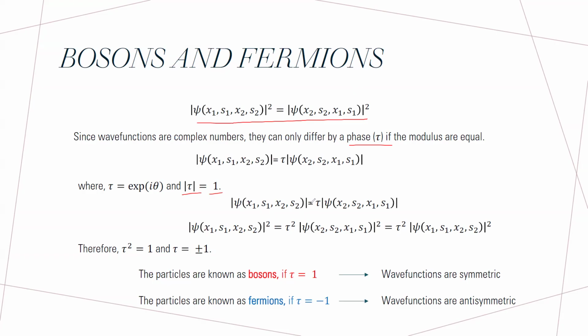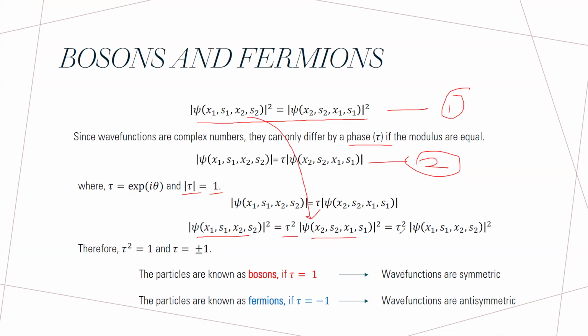And then, since we have this expression, I label this as 2 and this one as 1. What we can do now is calculate the square of these two. And then we know that this one is equal to this.